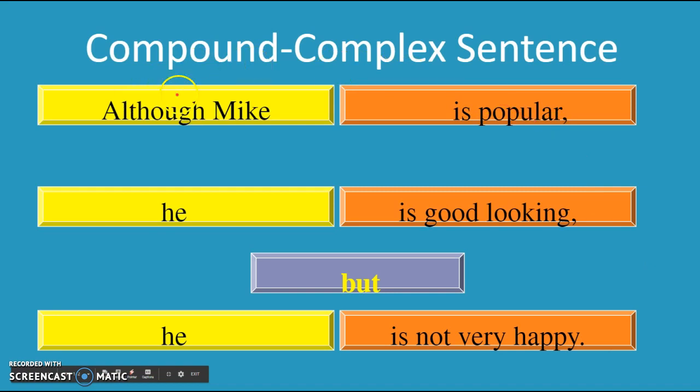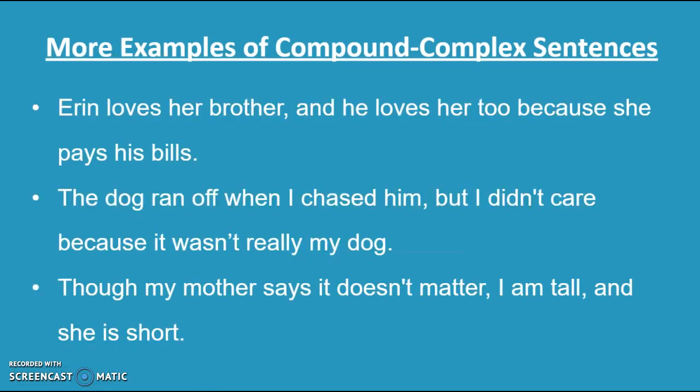So here we have a dependent clause that cannot stand by itself, an independent clause that can stand by itself, and a conjunction that joins the next independent clause that can stand by itself. So 2 independent clauses, a dependent clause, and a conjunction joining the two independent clauses. This would be Formula 2 for a compound complex sentence.